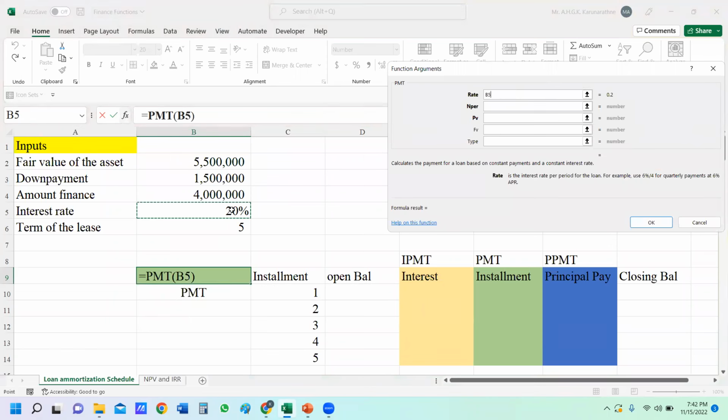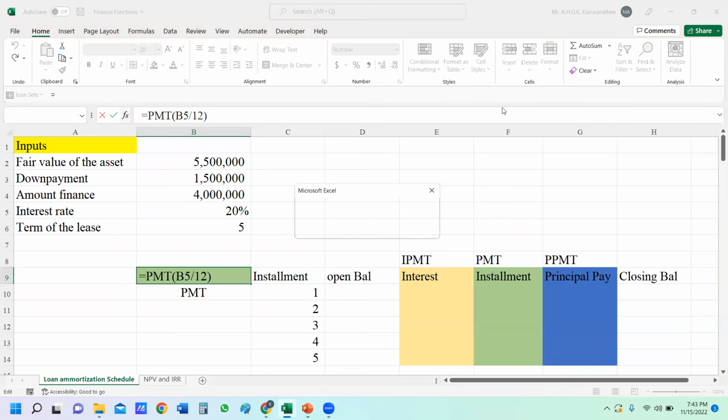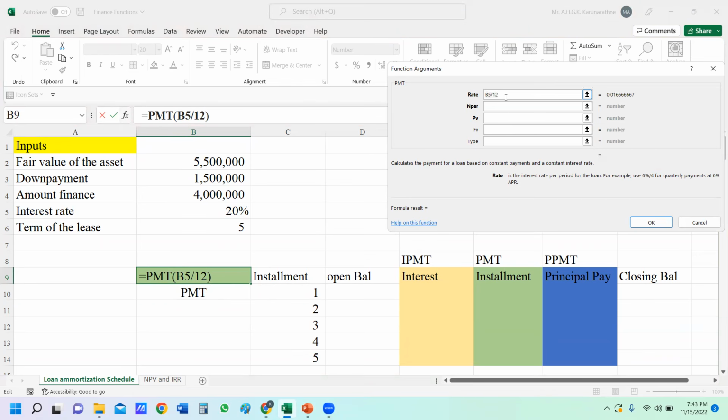But this time it is said you are paying your loan on a monthly basis. So accordingly, this annual interest rate should be converted into a monthly basis. Monthly interest rate, how can it be done? Simply by dividing this interest rate by 12, because there are 12 months.